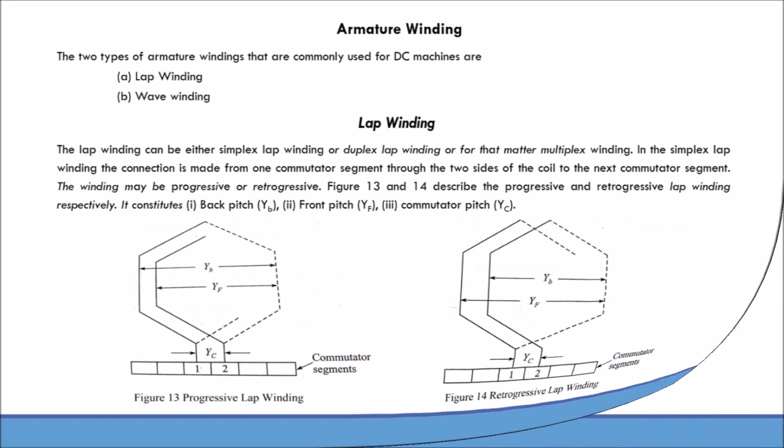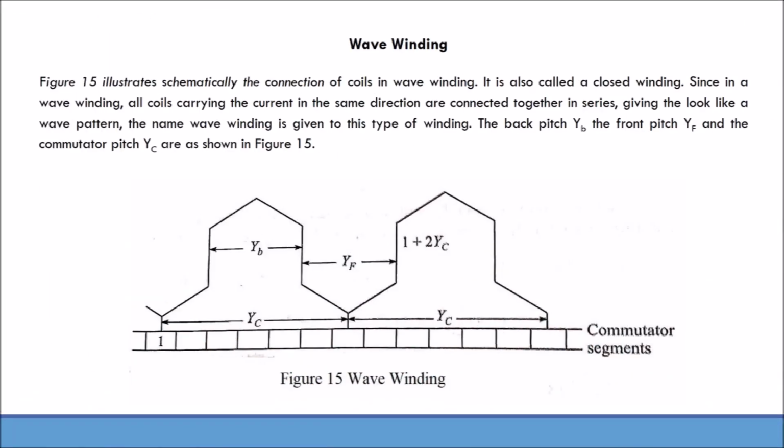So long as wave winding is concerned, figure 15 illustrates schematically the connection of coils in wave winding. It is also called a closed winding, since in a wave winding all coils are carrying the current in the same direction and are connected together in series, giving the look of a wave pattern.